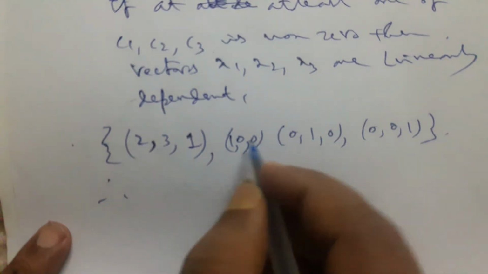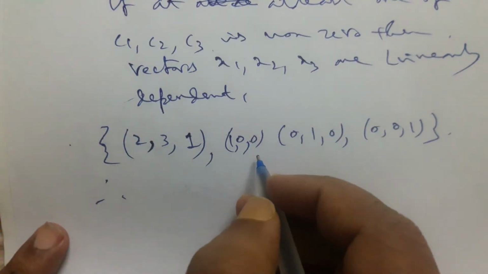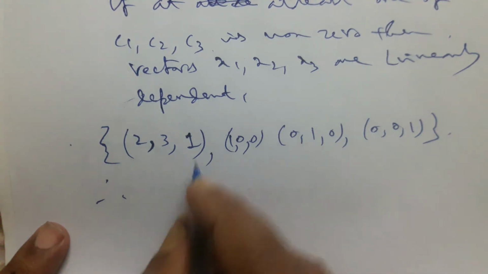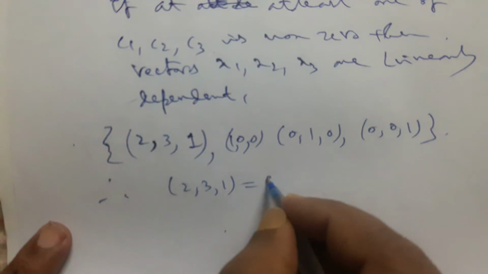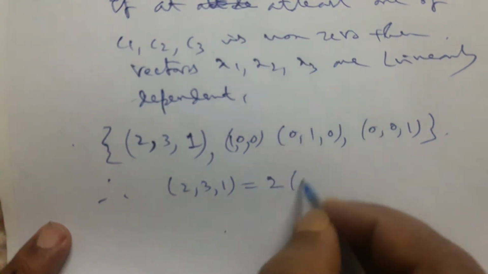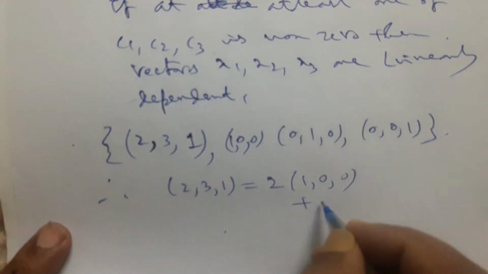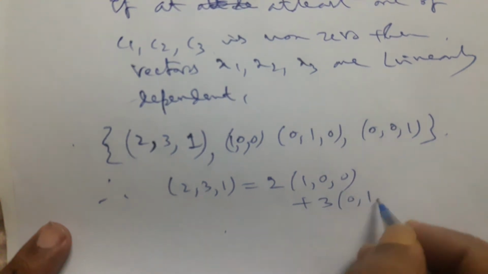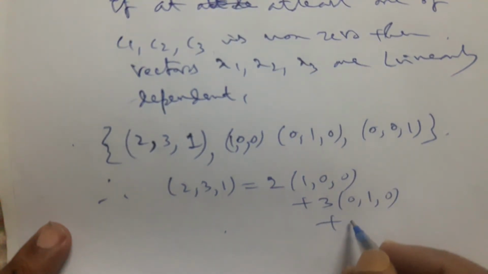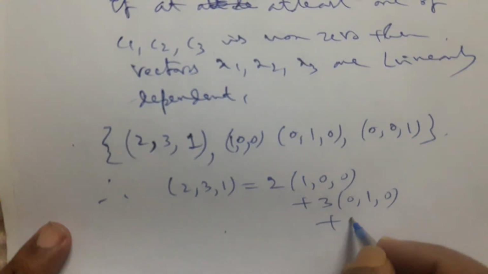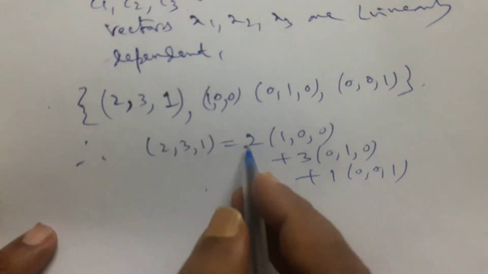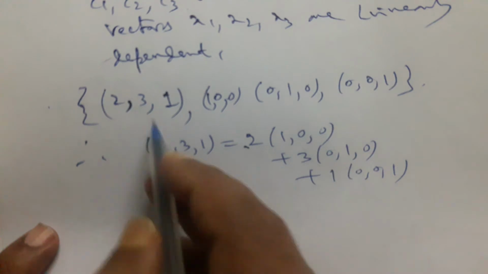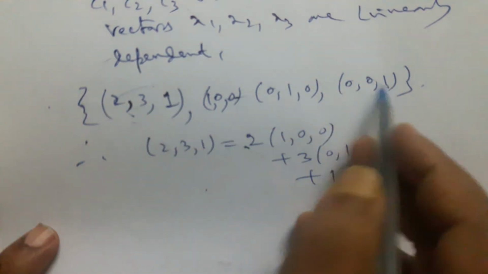Now here we will change these terms, because we find easily 2, 3, 1 can be written as 2 into 1, 0, 0 plus 3 into 0, 1, 0 plus 1 into 0, 0, 1. So it can be written this way. So this vector depends on the three vectors.